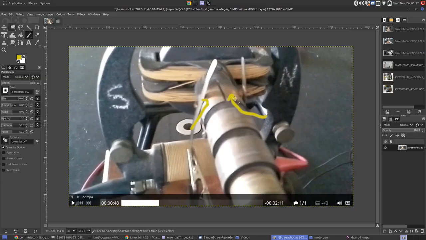And notice that basically it's two pieces of metal that are isolated from each other. One is hooked up to one end of the coil, the other is hooked up to the other end of the coil.